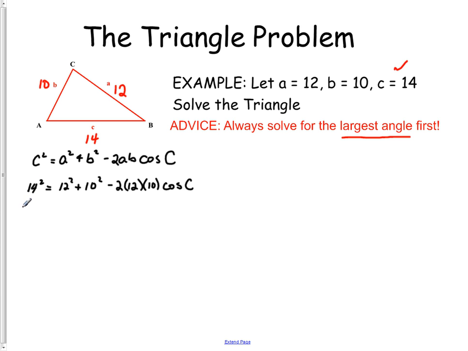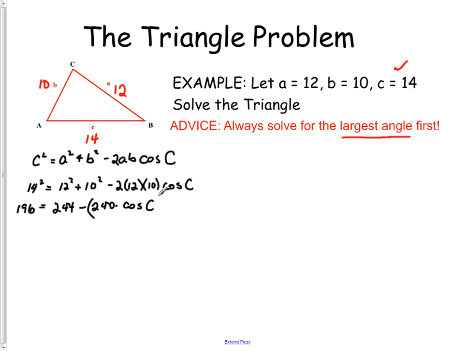14 squared is 196. That would be equal to 12 squared plus 10 squared. That's 144 plus 100, so that's 244, minus 2 times 12 times 10. That's 240 times the cosine of C. Now remember, order of operations here, you cannot subtract these two.